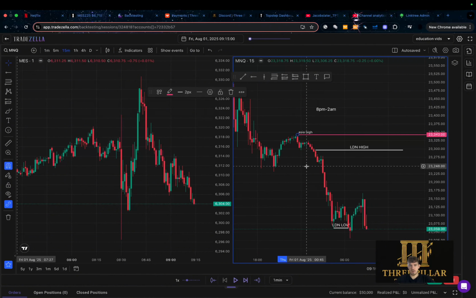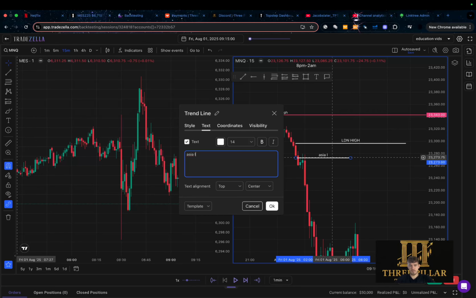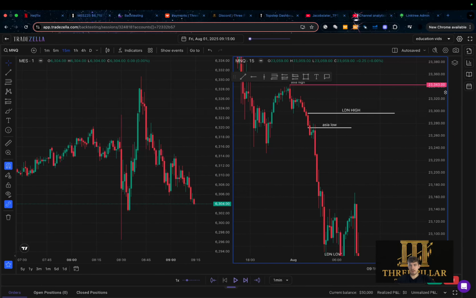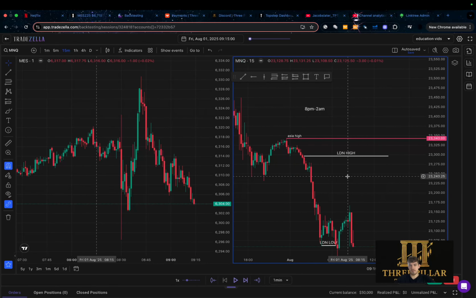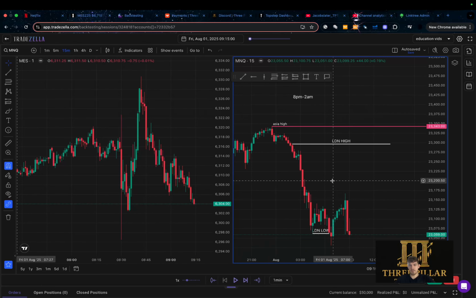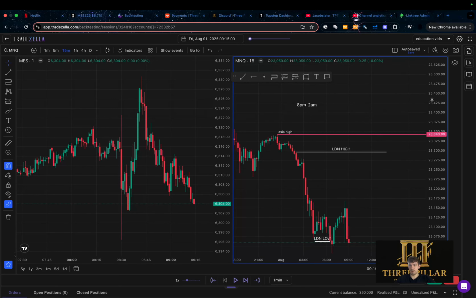And the Asia low would be here, but we've already taken that. So anything we've already swept, we just get rid of. You can keep them if you want, but if you know you've already taken them, you don't need to look for them anymore. So that's Asia high, London high marked out.